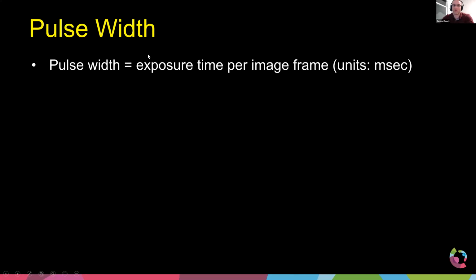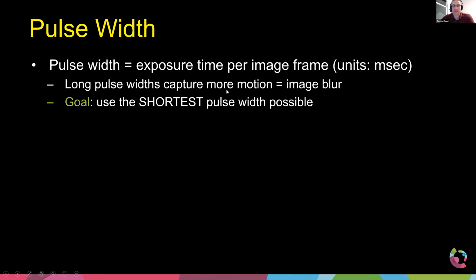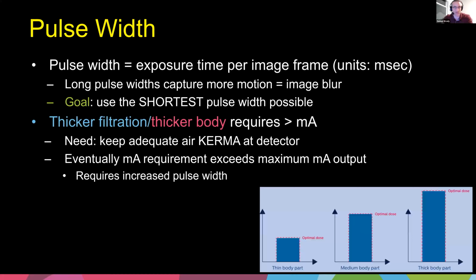Pulse width. Pulse width equals exposure time per image frame. Long pulse widths capture more motion. Remember, in the olden days, we had 33 milliseconds. When you had a beam on time of 33 milliseconds, all of the motion that occurred in 33 milliseconds was blurred or averaged together. So the goal is to shrink that, to keep it as short as possible. And as we shrink that, we also have to make sure we keep the right amount of photons onto the detector.